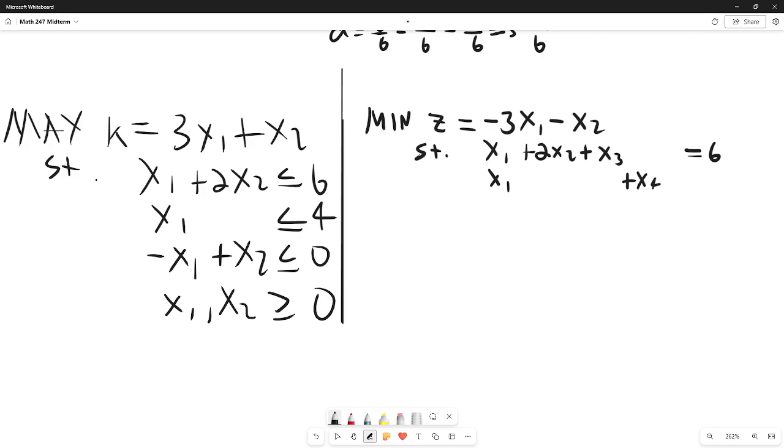So here we're using x4, and that we want equal to 4, right? For the 4 right here. And then finally negative x1 plus x2. We have a less than or equal to, so we're going to put plus x5 is equal to 0.